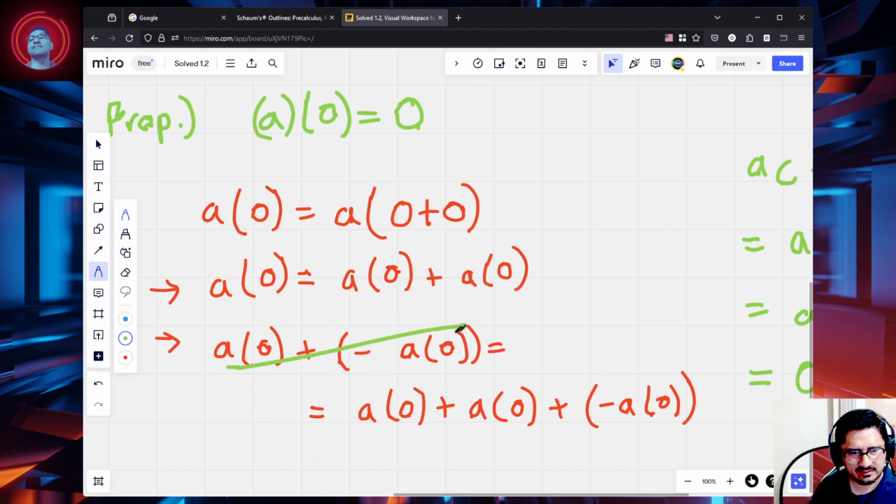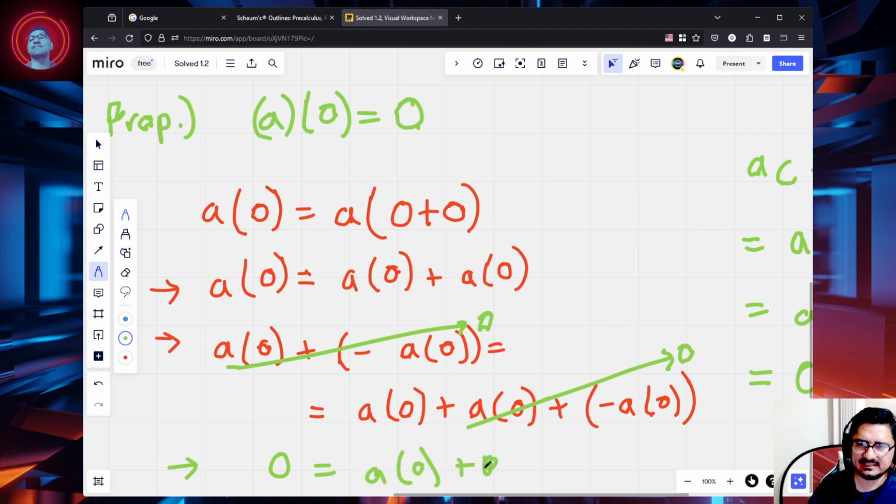We can cancel this number, and using another property, the associativity, we can translate the parenthesis here, and we can cancel just this, and it will be 0. So on the left hand side we have 0, and on the other we have a times 0 plus 0.